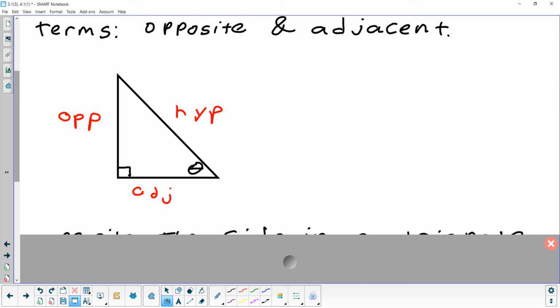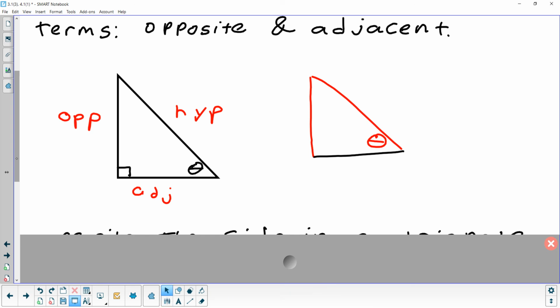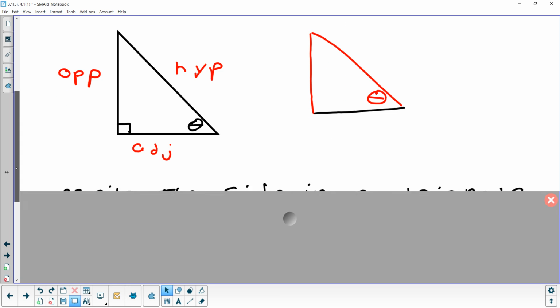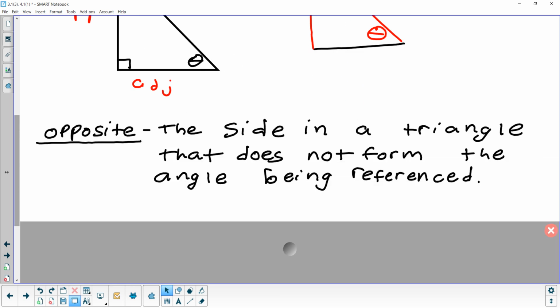Adjacent is the side that, if you had a triangle, let's say like this, and there's your angle, if you took out the adjacent side, you don't have an angle there anymore. You have an open side on the bottom. So adjacent is the side that is part of the angle. And that's what I have written right here.